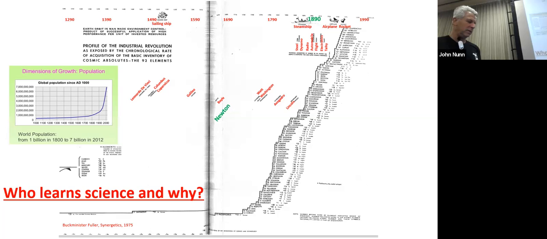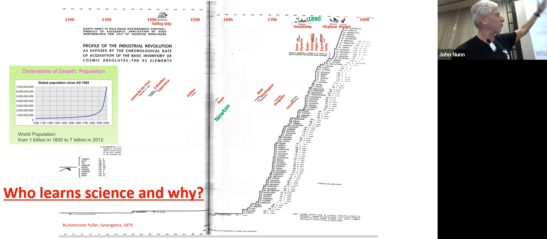Towards the middle is Isaac Newton in the 1600s, and the United States came into being, of course, in the 1700s. Then we have steamships and airplanes and rocket flights. So it goes exponentially. And on the far right side, atomic elements being discovered.